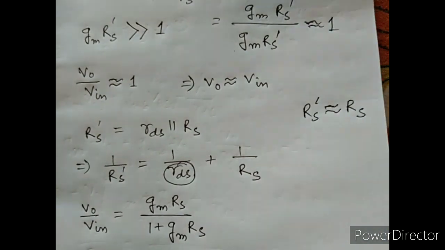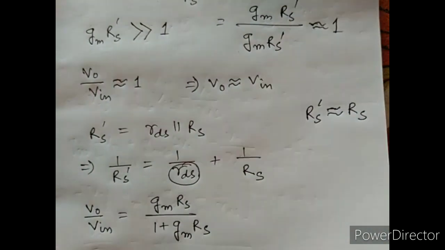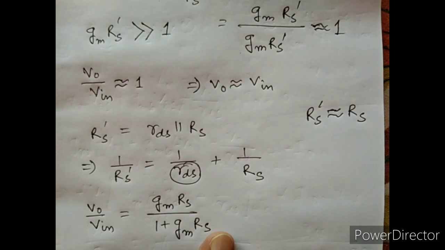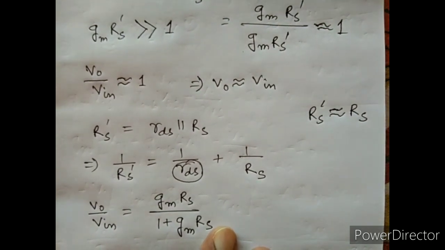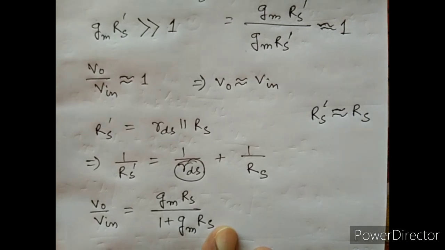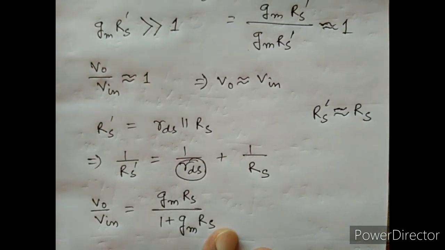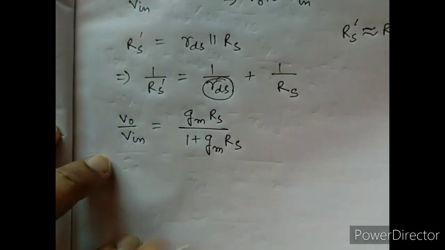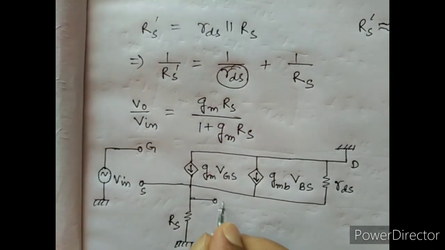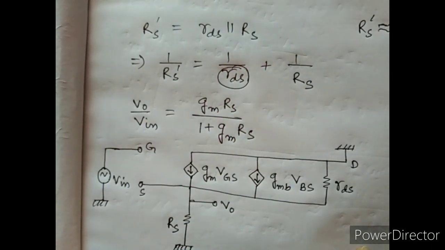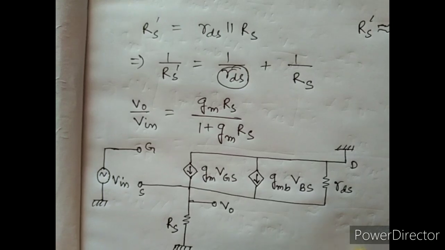Okay, now in finding the voltage gain, we have neglected the body effect. Now if we consider the body effect, then the small signal equivalent circuit will be like this, V0.